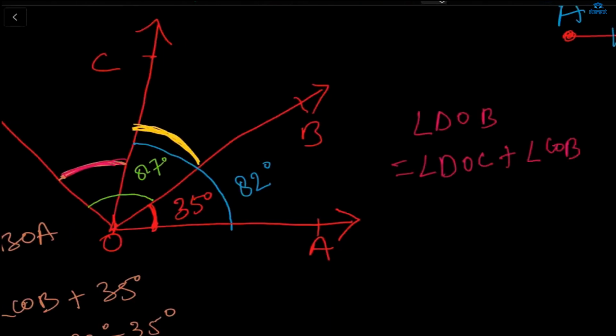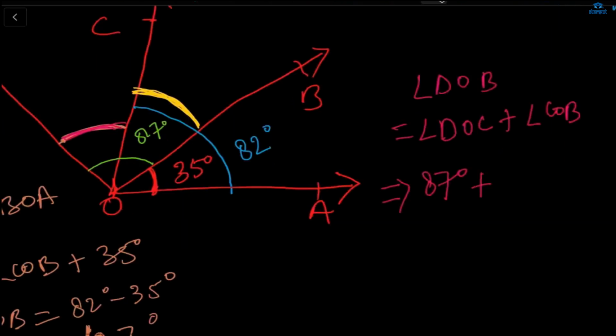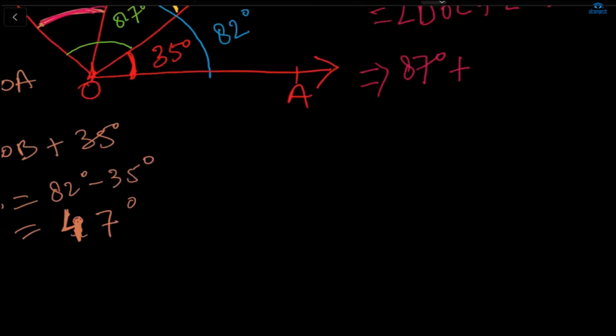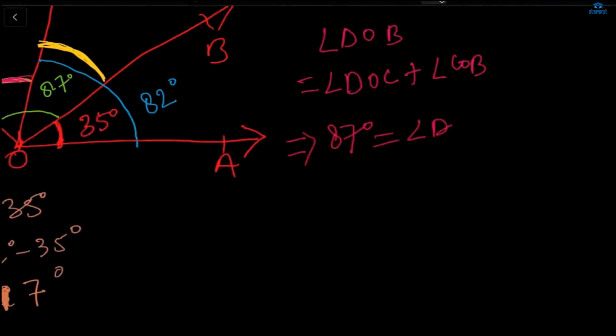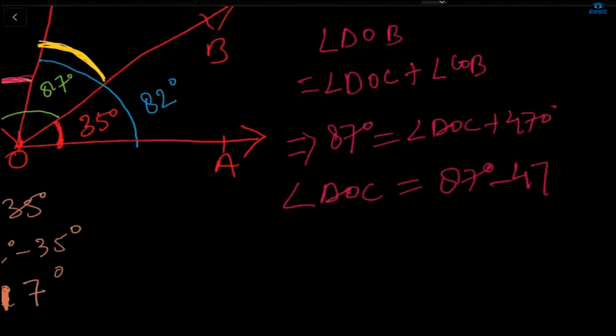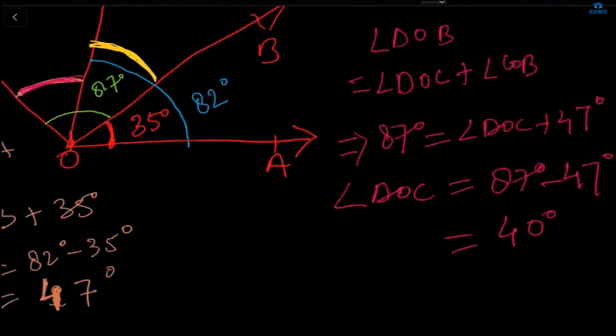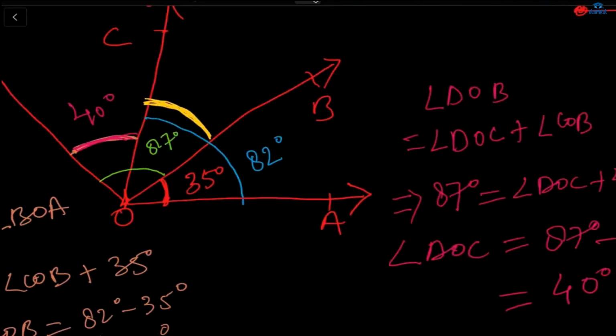DOB is already 87 degrees, plus DOC, which we have to find out, and COB we have already calculated, that is 47 degrees. So angle DOC will be equal to 87 degrees minus 47 degrees, which is 40 degrees. Any doubt? So this angle we have got as 40 degrees and the other angle as 47 degrees.